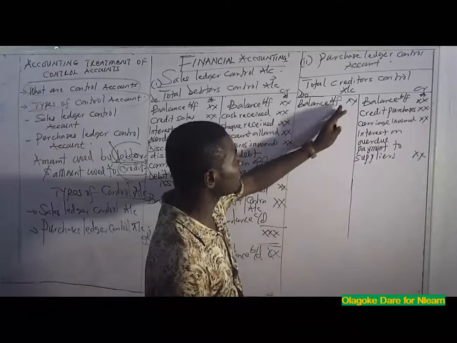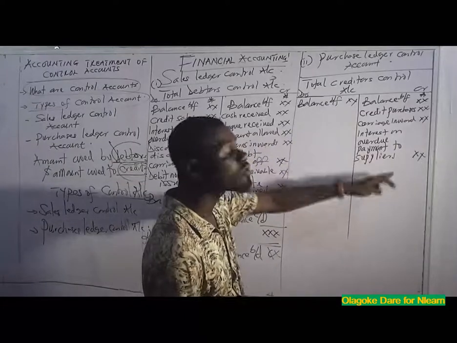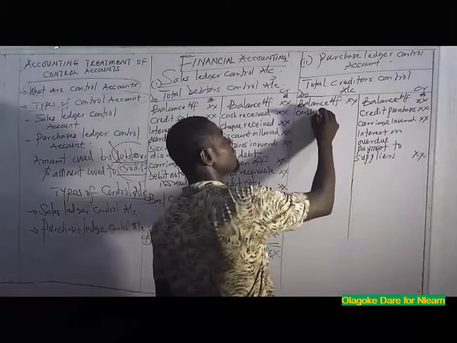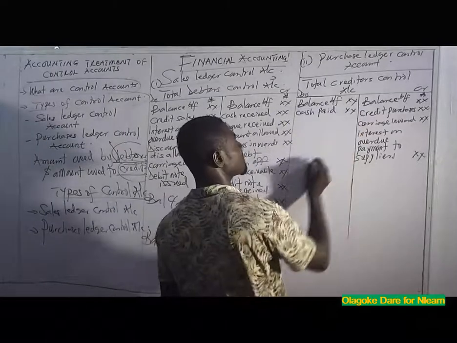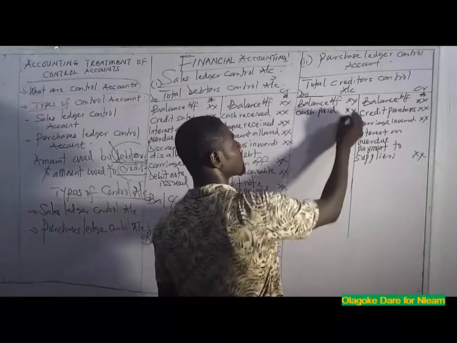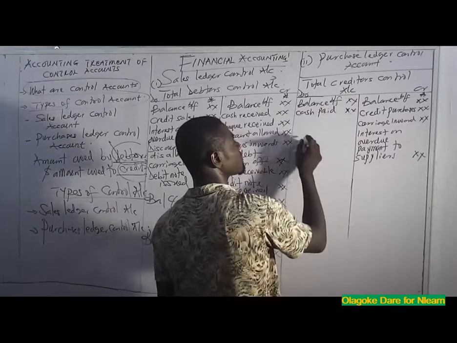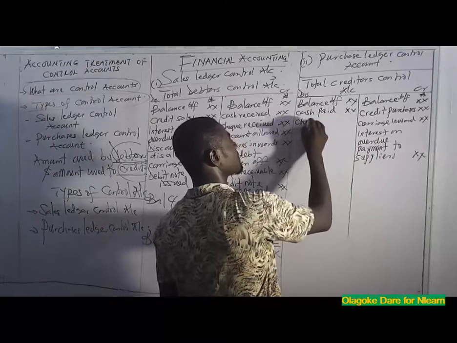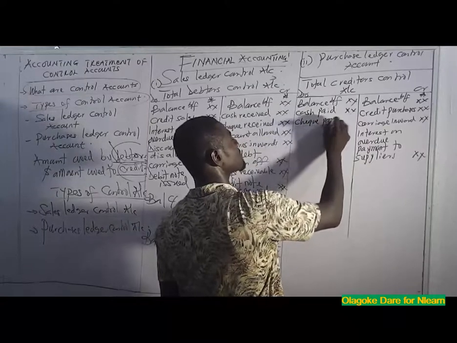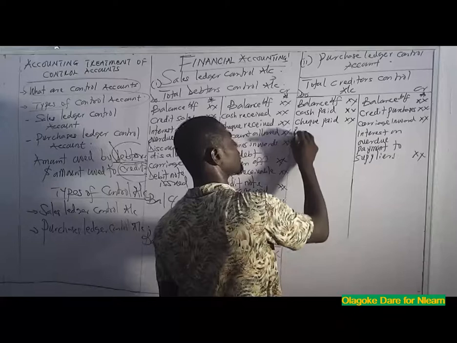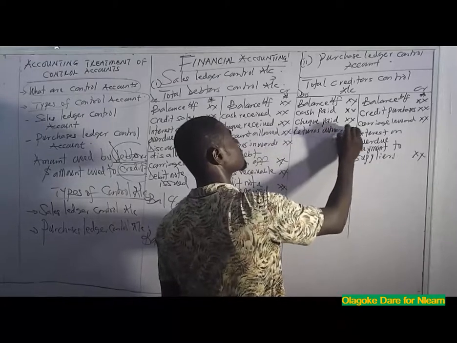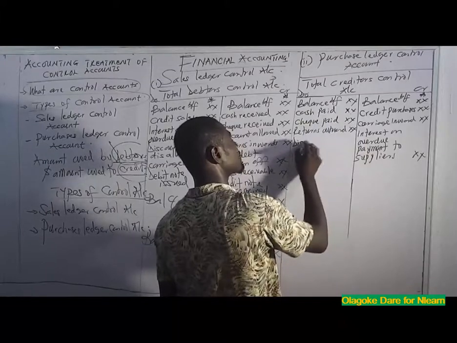Now anything on the debit side will reduce the amount owed to creditors, such as cash paid, cheque paid, returns outward.